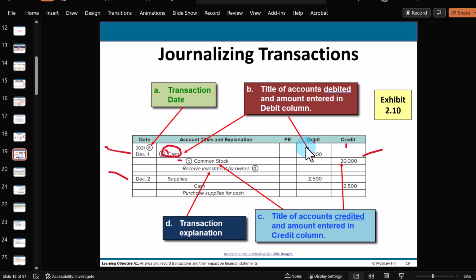And then here in the debit column, the dollar amount of that debit. We'll go down to the next line and you indent, then write in the name of the account to be credited. And then in the last column, the amount of the credit.